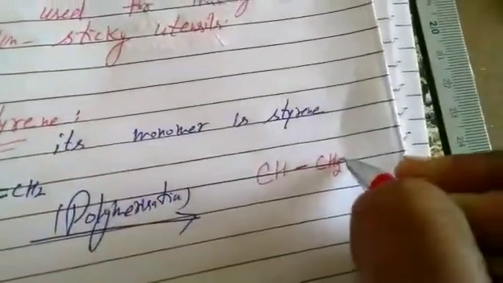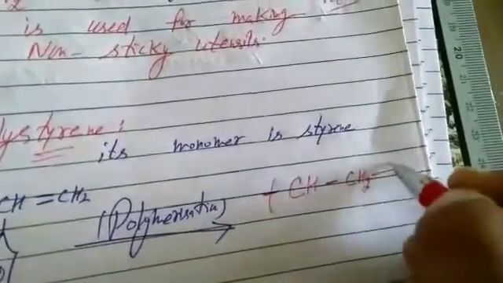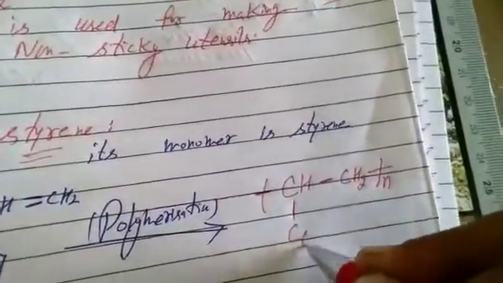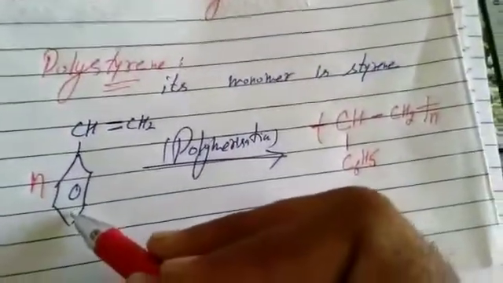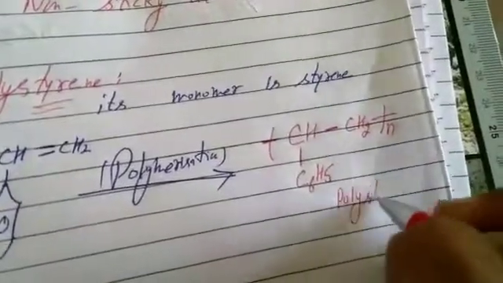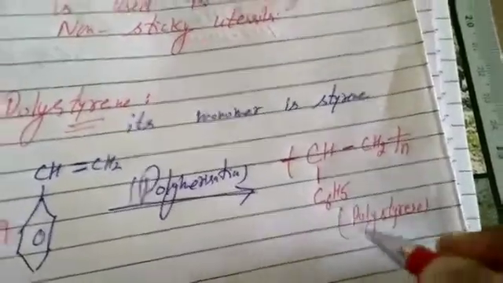The link expands on the right side as well as on the left side, n times. And the first carbon contains the substituent benzene, C6H5. The substituent part remains as such. It is called polystyrene. That's how easy it is to prepare polymers. We have done organic chemistry, and that's the reason it's very easy for all of you.